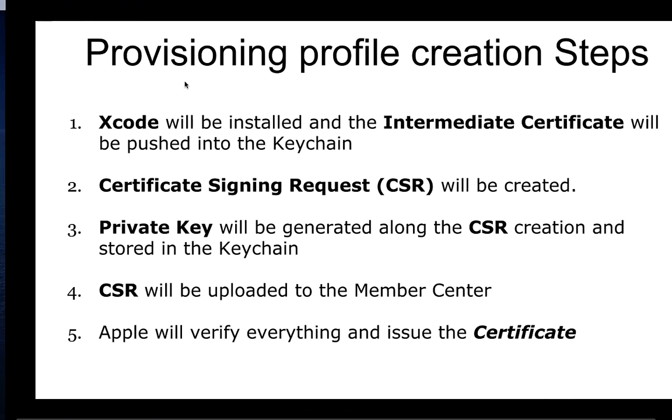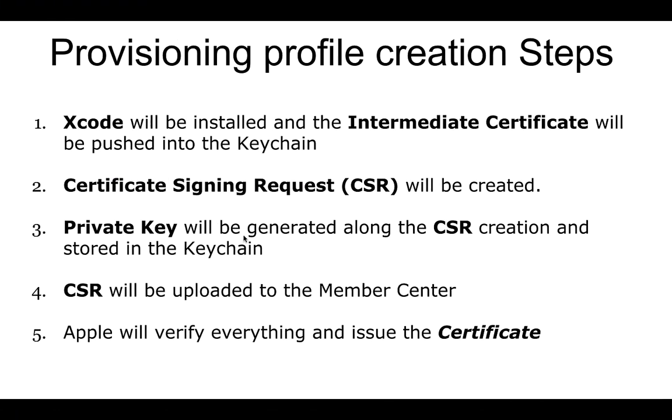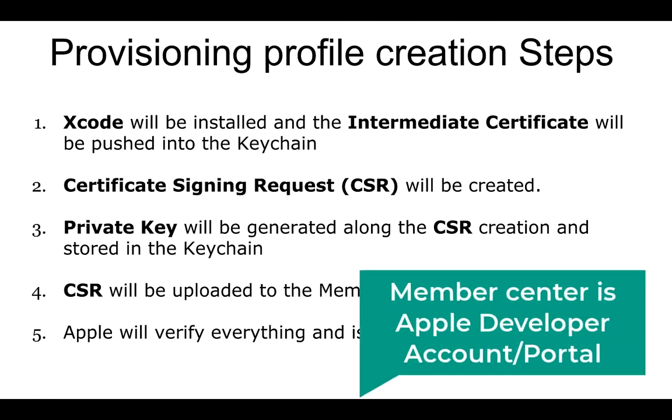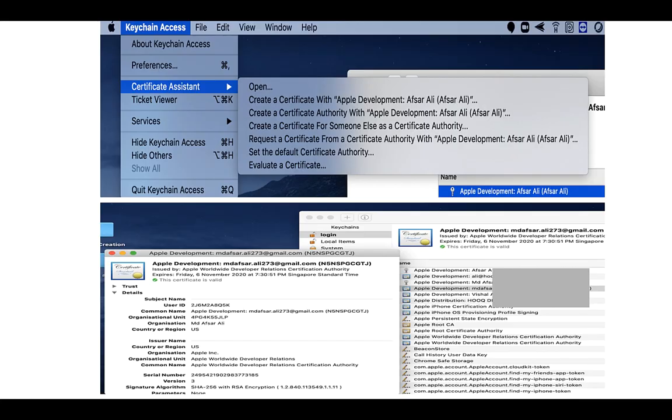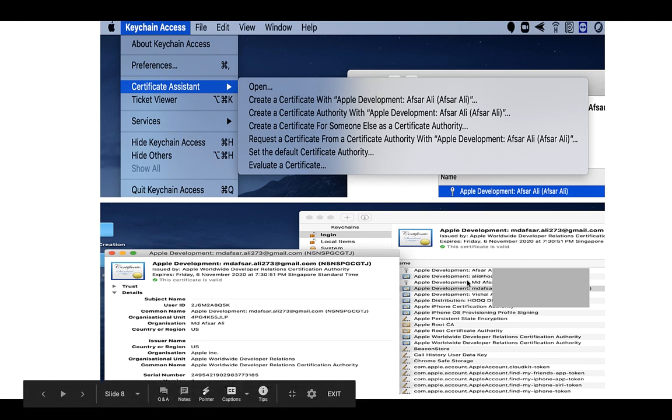That will create a certificate, and the private key will be generated along with the CSR creation and stored in the keychain. Then the CSR will be uploaded to the member center, as I already showed you. Then Apple will verify everything and issue a certificate, and you can download it, double click, and it will be installed in your keychain.